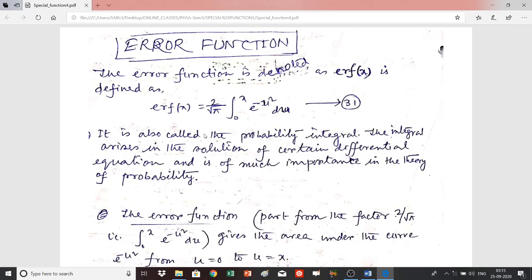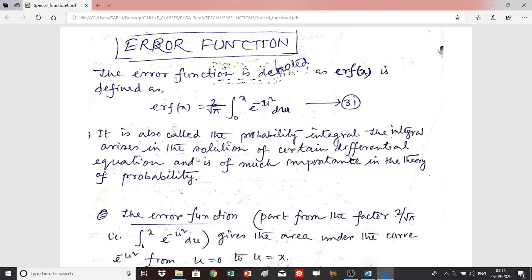So we are not here to discuss why it is called the incomplete gamma function or anything. We are just here to understand the error function. The integral arises in the solution of certain differential equations.